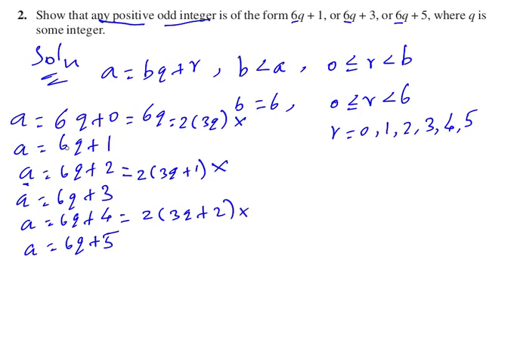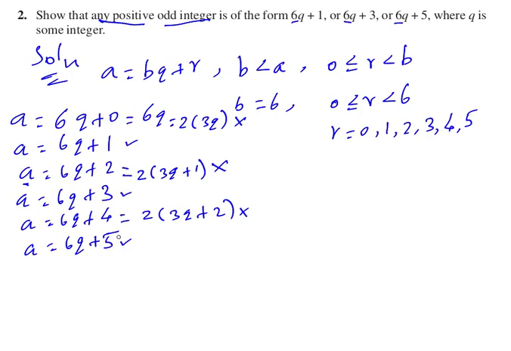The remaining cases, 6q plus 1. So whatever the value of the quotient, if we add 1, definitely it will become an odd number. Next, here we are adding 3. So this is also an odd number. 6q plus 5. This is also an odd number.